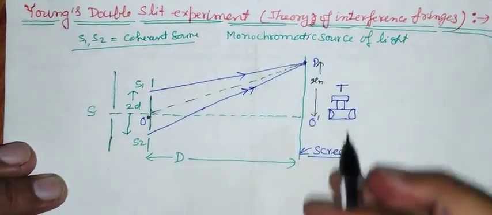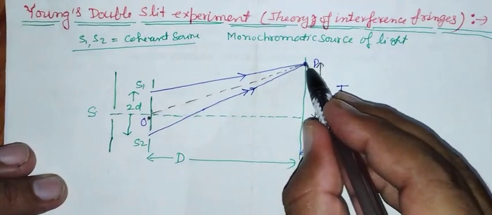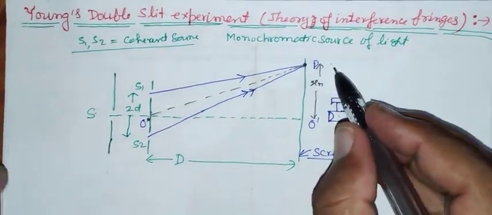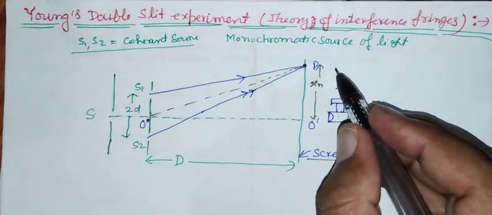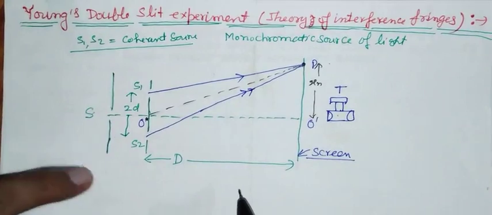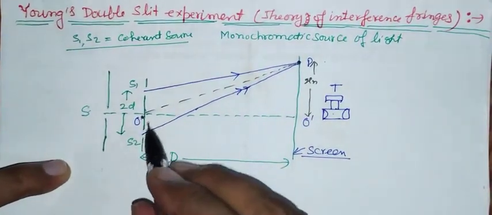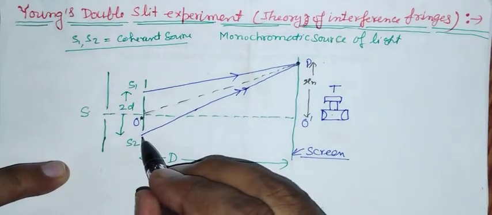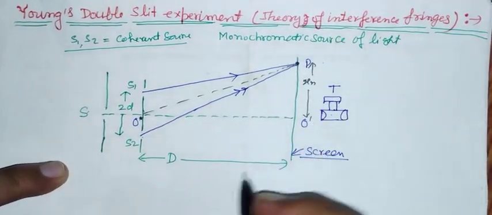We want to see the phenomenon of interference at point P. If the telescope is moved to point P, a bright fringe or dark band will form. See here carefully, when light waves reach from sources S1 and S2, the distance traveled from S2 is S2P.